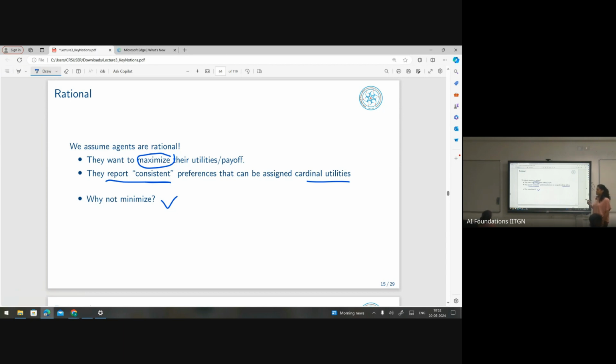The fact that we want them to maximize their utilities means that we have extracted the utilities in a certain way. But the main idea is that they have consistent behavior. That's where rationality comes in. Maybe they are consistent, but not in the game theoretic sense.